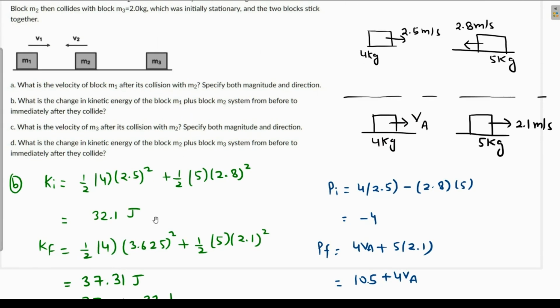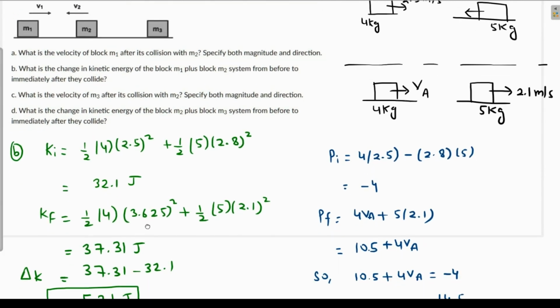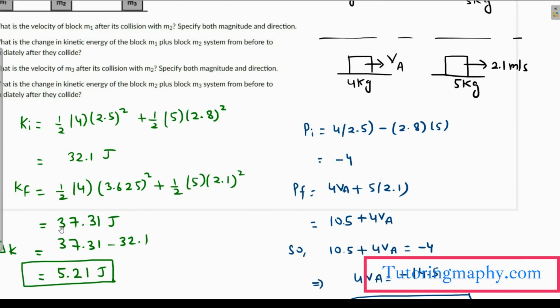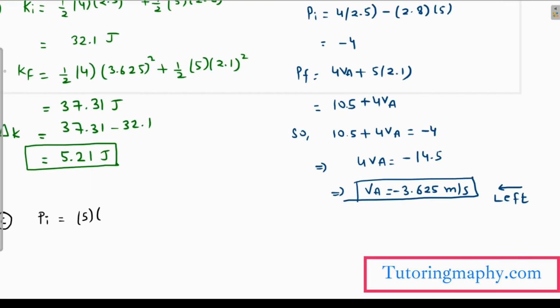All right, then we have to find the velocity of M3 after its collision, then the change of kinetic energy of M2 plus M3. So remember that M2 and M3 stick together, so the momentum is conserved. Initial momentum of the M2 M3 system is only because of M2. So that's mass of M2, which is 5, times the velocity of M2, which is 2.1, and that should be equal to the final momentum.